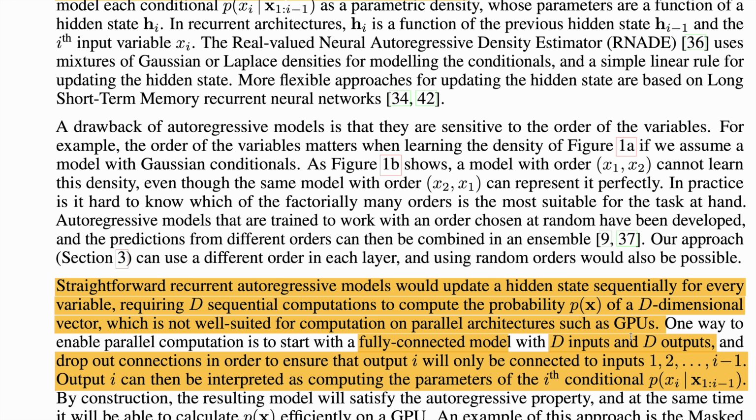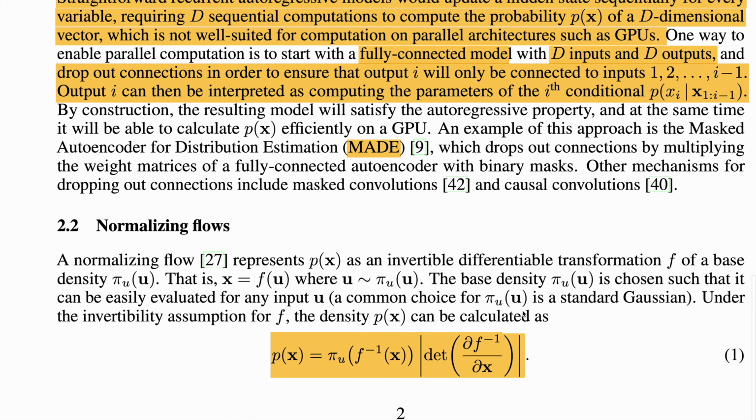So input 11 will not influence output 10, okay? So you mask the weights, and therefore, in a single forward pass, because there are a lot of zeros in your weights, output i only depends on all inputs j where j is smaller than i, okay? Yeah, that's what they explain.